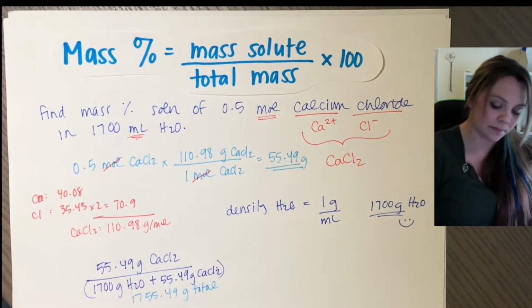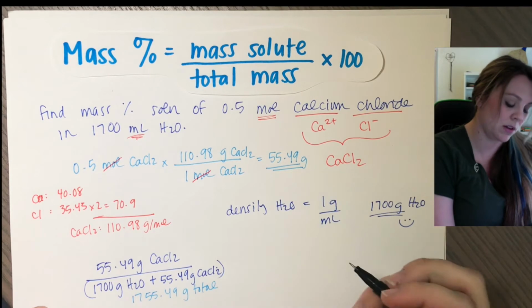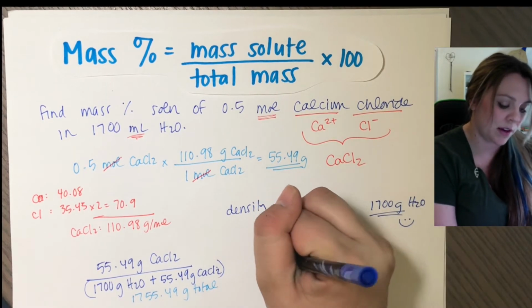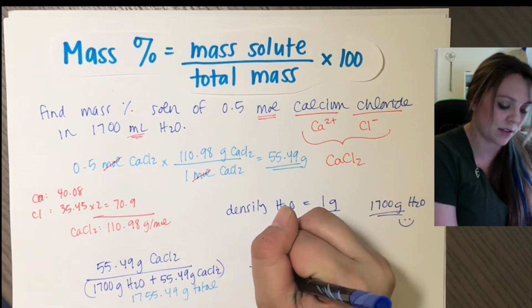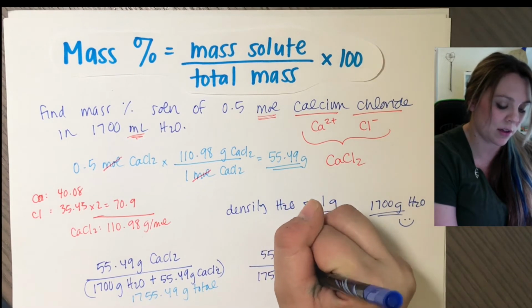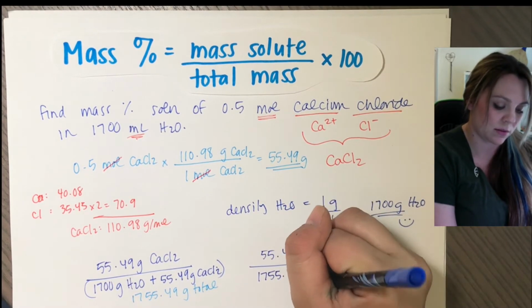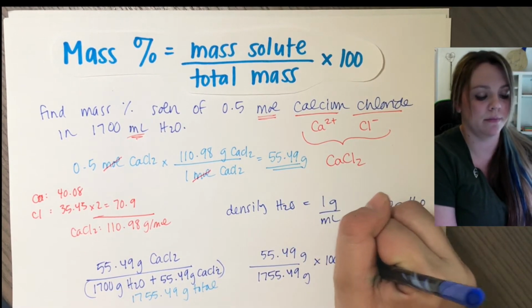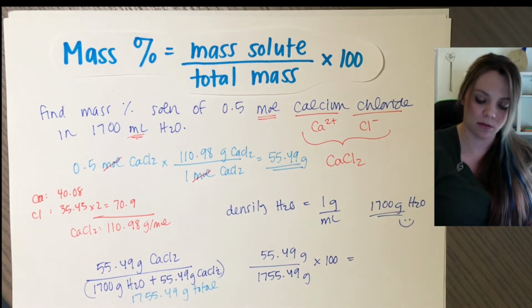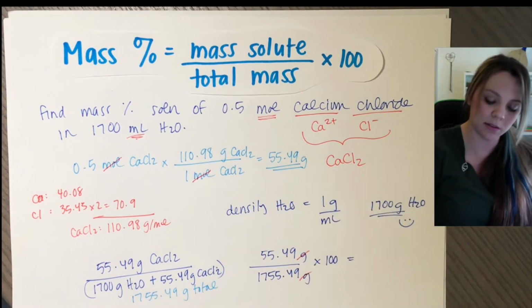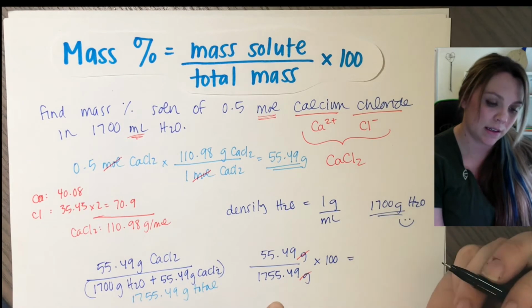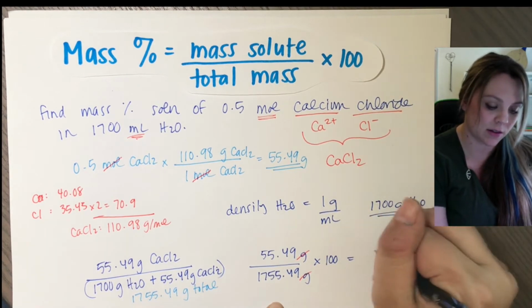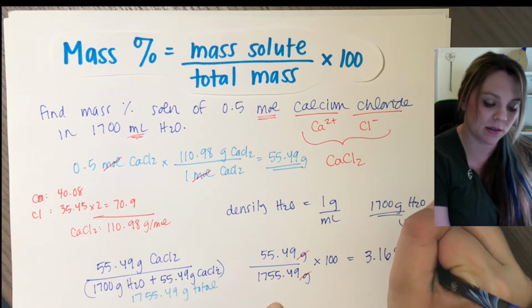All right. So I actually have 55.49 divided by 1755.49 grams times 100. Okay. Grams and grams would cancel. And I get a lovely answer of 3.16%.